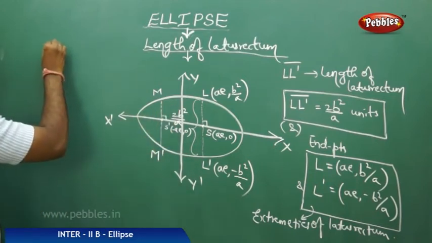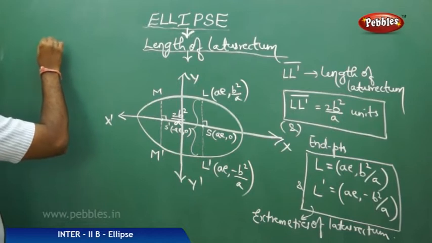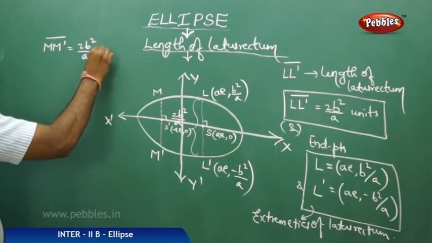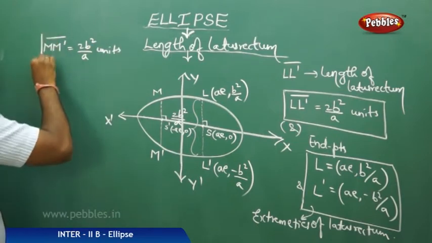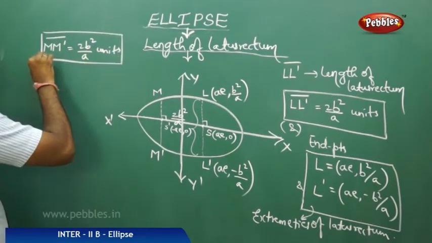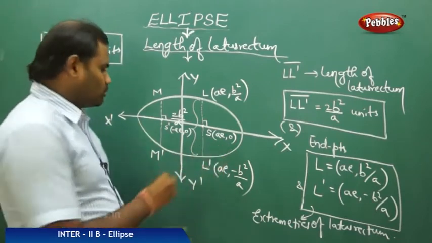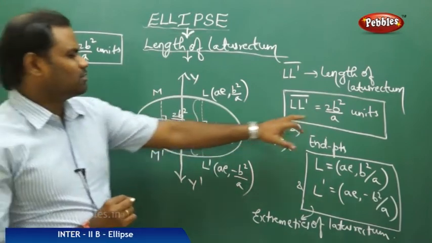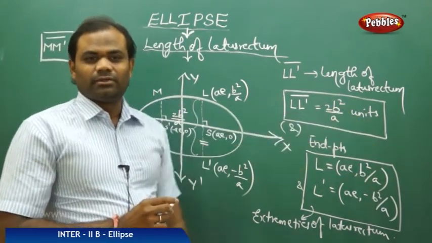The length of the other latus rectum is also 2b square by a units. The lengths of both latus rectums are equal, and each of them has the value 2b square by a units.